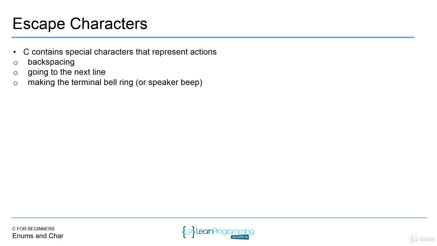Escape characters. This is a specific term that you're going to hear about, where basically it's a special character that represents an action in the C programming language. For example, you can have a special character that represents a backspace, or a special character that represents the new line, or a special character that represents the terminal bell ring.